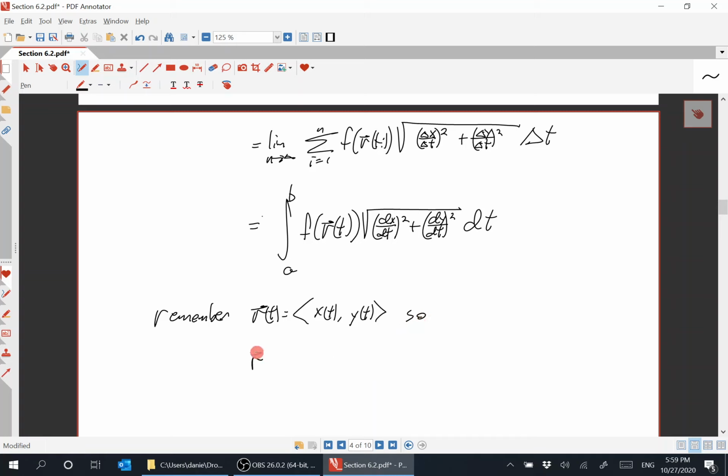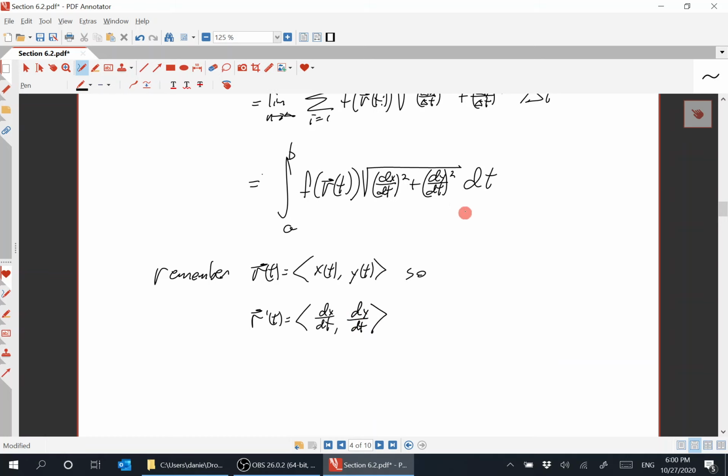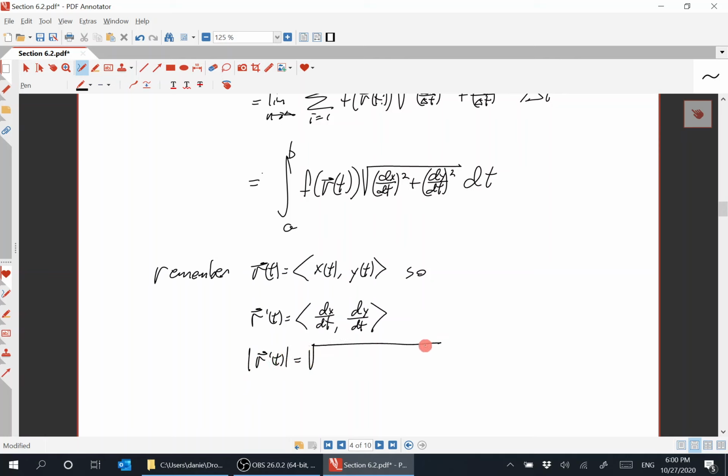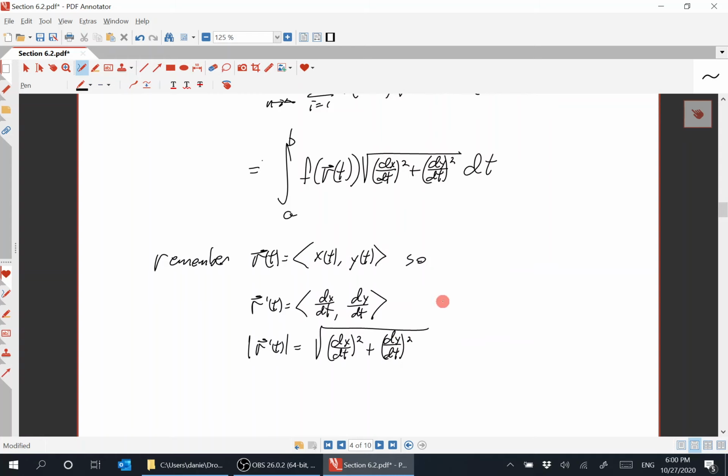So r prime of t is just the ordinary derivative, right? That's dx/dt, or x prime, and dy/dt, or y prime. So the length of r prime of t is equal to this component of the vector squared plus that component of the vector squared, add it up, and then take the square root.